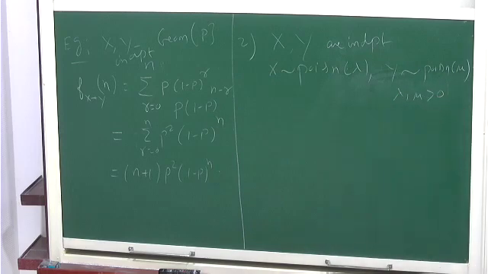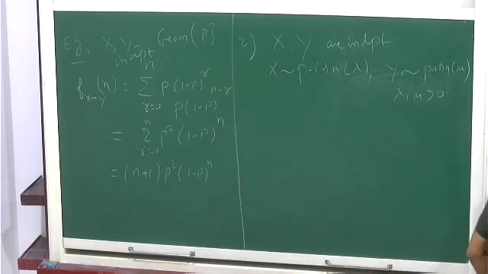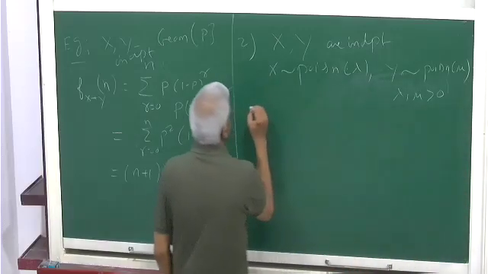So you have two random variables, they are independent and they follow Poisson, lambda and mu. We want to compute the distribution.